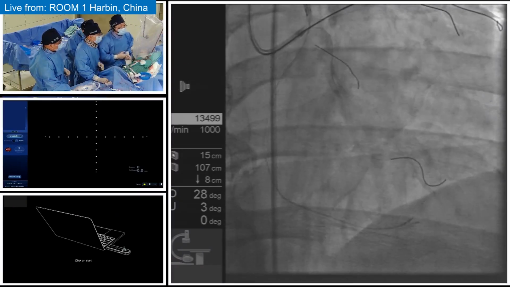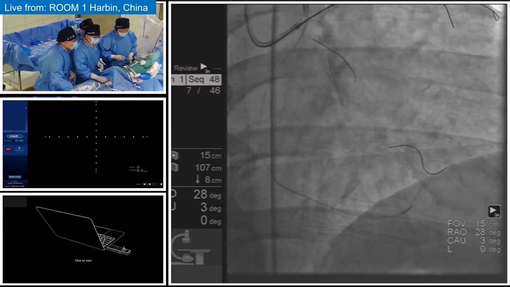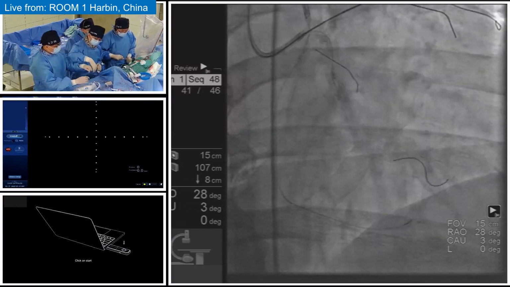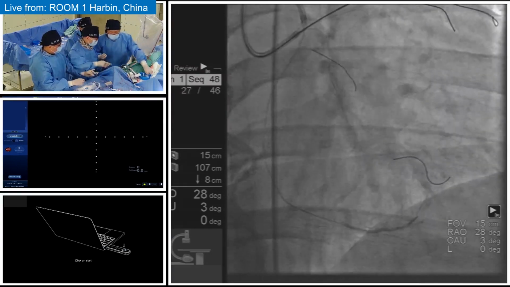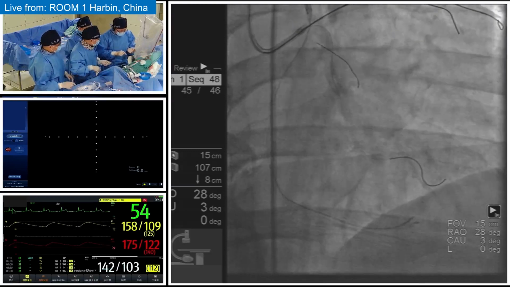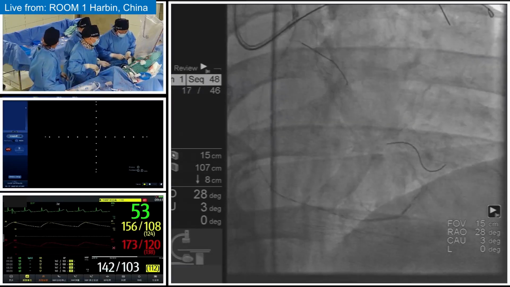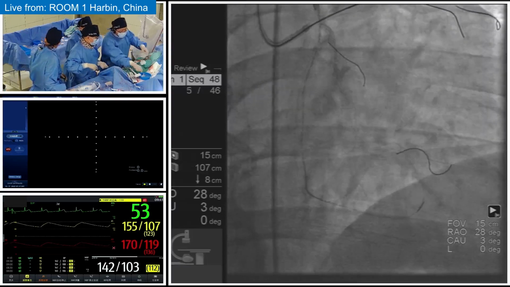Oh, I don't think this is good. Okay, give me the CM wire, please. So at first, as I said, there's no very good collateral flow from the distal RCA, it seems, by the septal wire surfing.